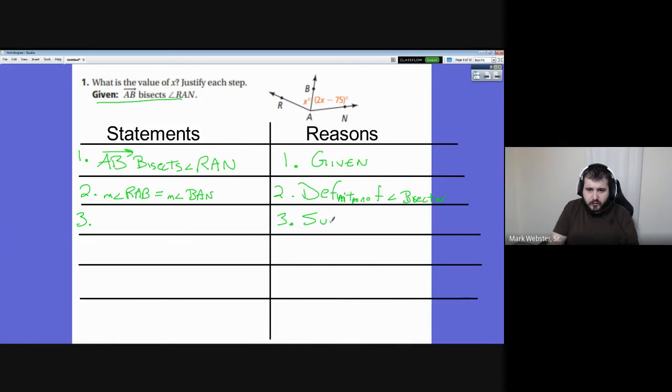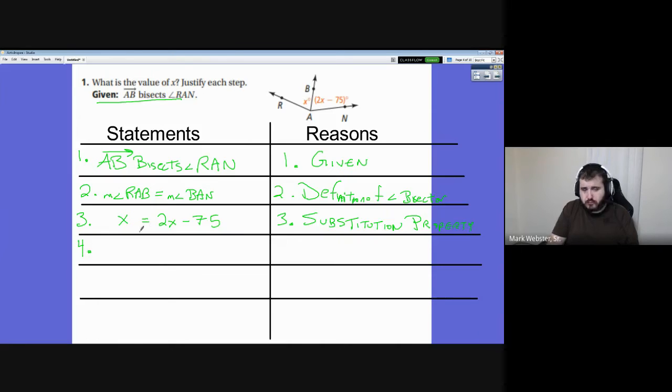So using the substitution property, I'm going to plug stuff in. Angle RAB, well, that's x. Angle BAN, that's 2x minus 75.